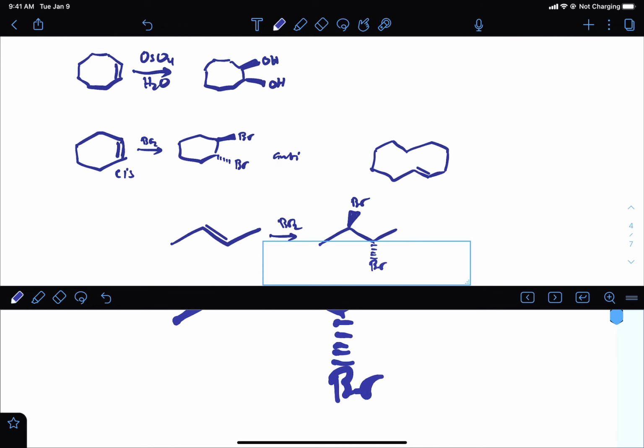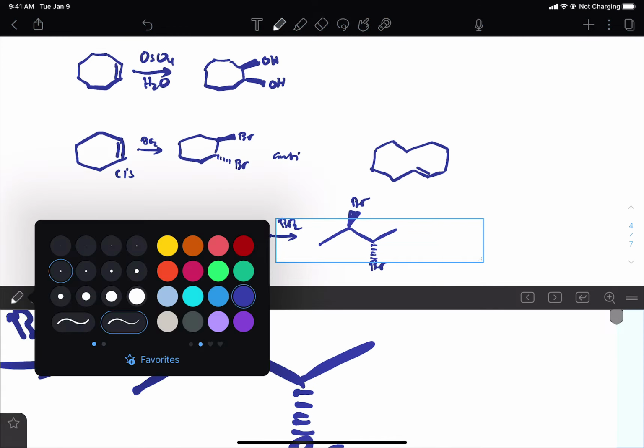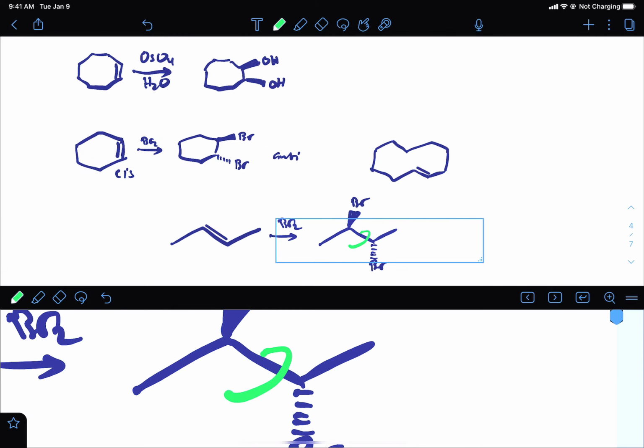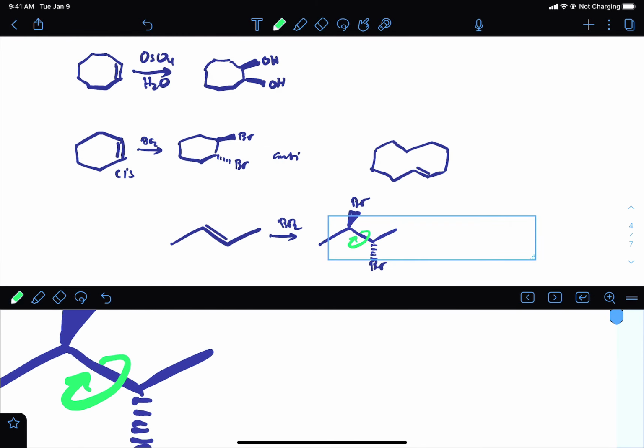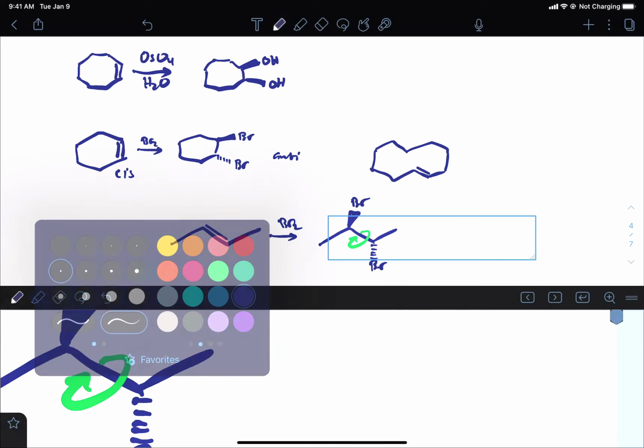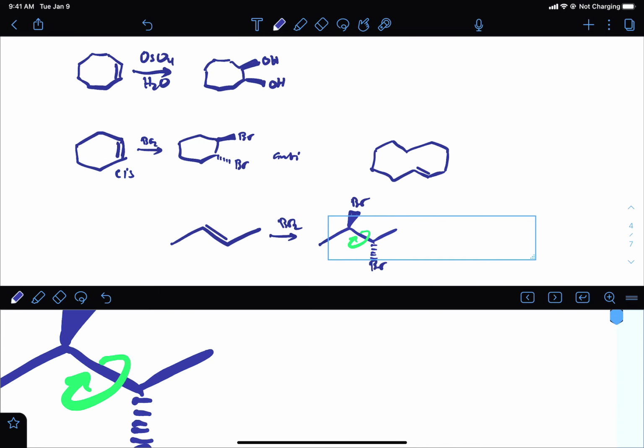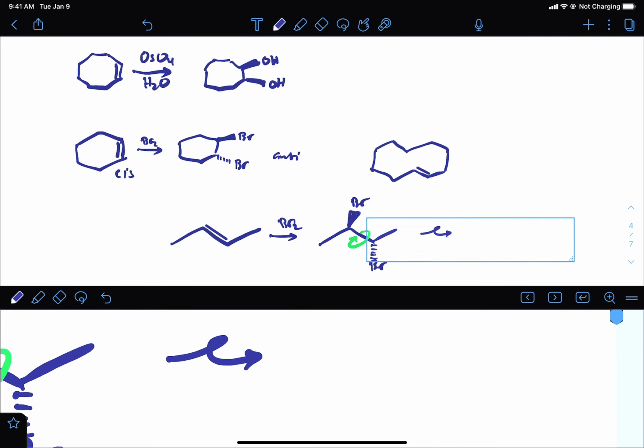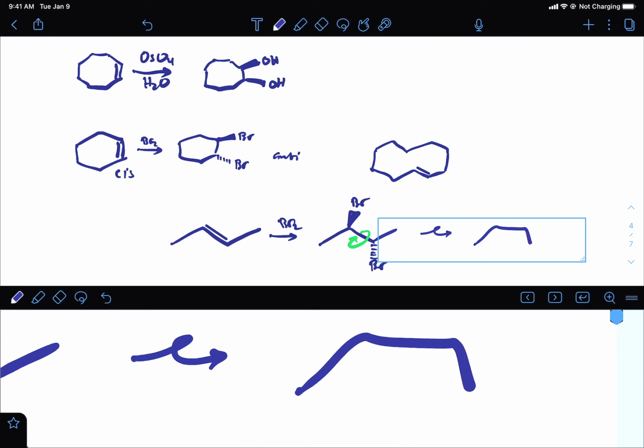Okay, but if I rotate this single bond, then the molecule looks like this.